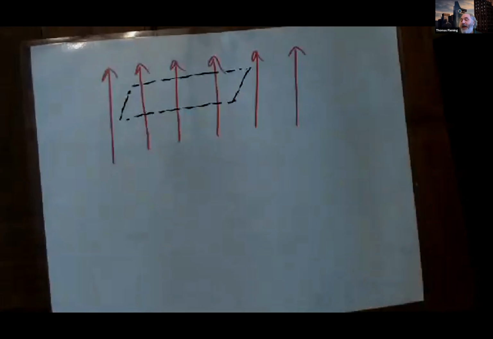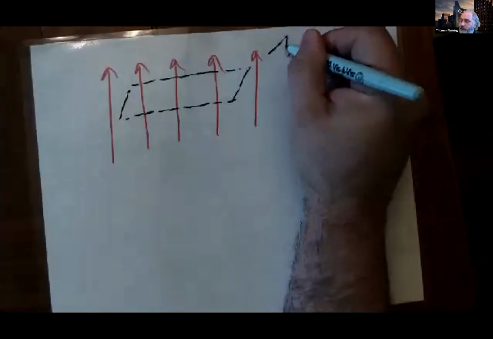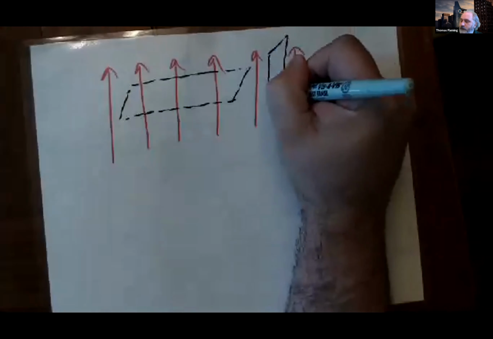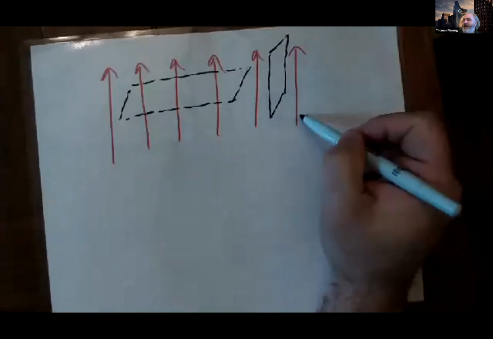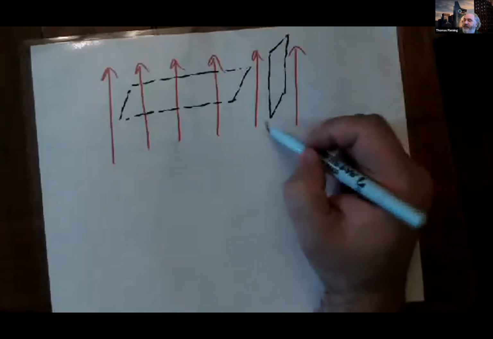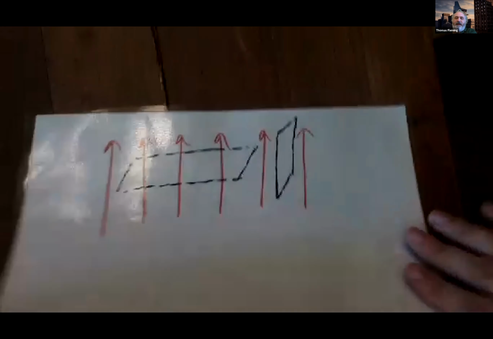But what would happen if I take that surface and I rotate it 90 degrees? Now, what's going to happen is I got lines that miss it on one side, that miss it on the other side. And in fact, if my surface is super thin, then what's going to happen is it's like taking this guy here and laying it on its side.